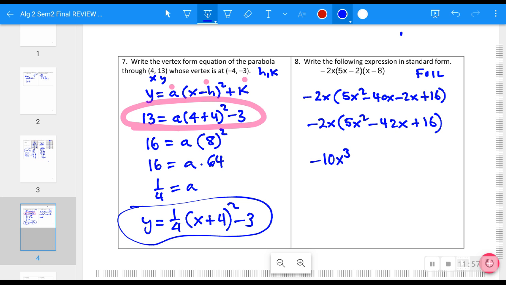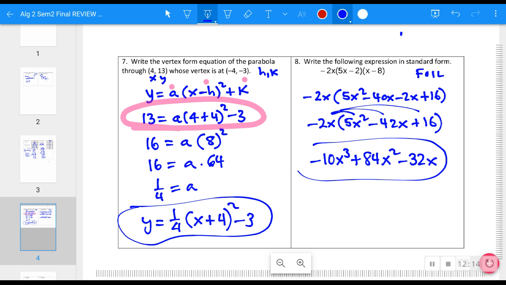And then we have a negative times negative on the second half here. I've already done that first half. So that's going to be plus 84x squared. And finally, we multiply down here and you get negative 32x. Okay, we've written it in standard form. And that'll be problems 1 through 8 on the review, and I'll have subsequent videos.